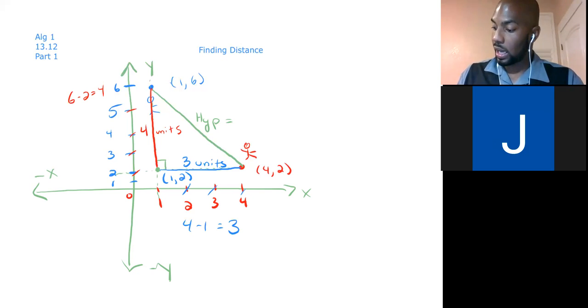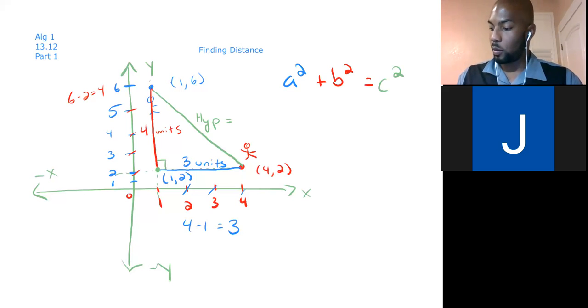So using the Pythagorean theorem, I can substitute a squared plus b squared equals c squared. My a squared will be my short side, which is 3 units, so it's 3 units squared, plus b squared, which is my long side, and then I'm looking for my c squared.